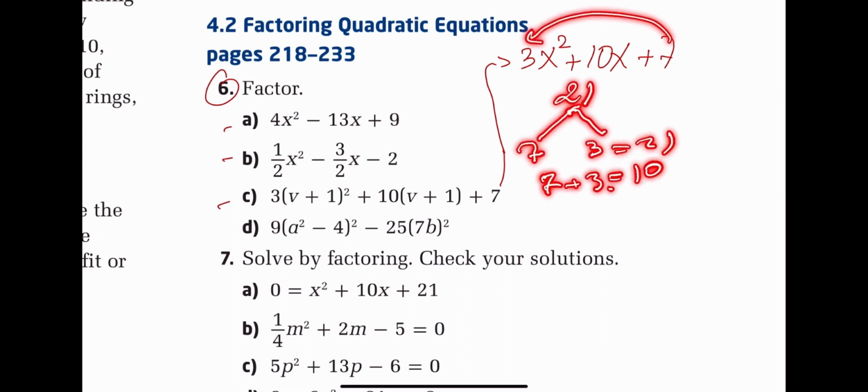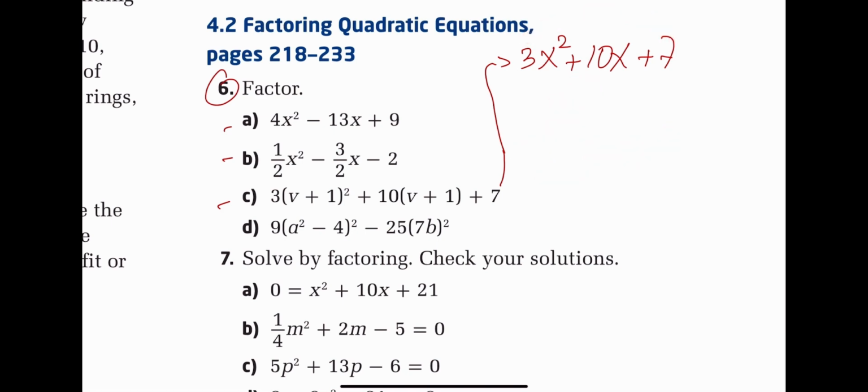So I will rewrite my equation as 3x squared plus 3x plus 7x plus 7.